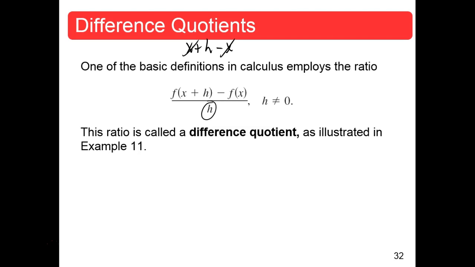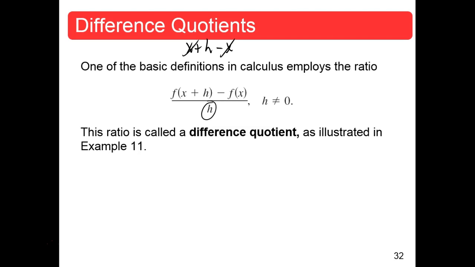This is your rise, the f's on the vertical scale, and this is your run. The h is how far you went from x to x plus h. That's a rise over a run. You're used to this, aren't you? Now, this is true as long as h is not 0. And that's where calculus comes into play.